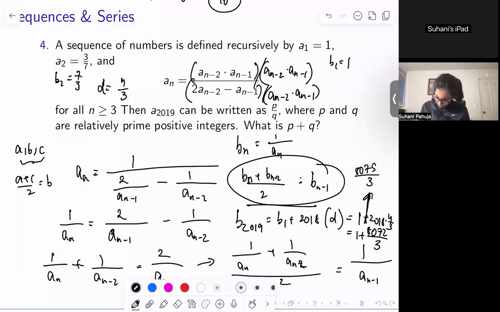And that means that a_2019 is 1 over b_2019, which is 3 over 8,075. And so p plus q would be 8,078. And we're done with this question.